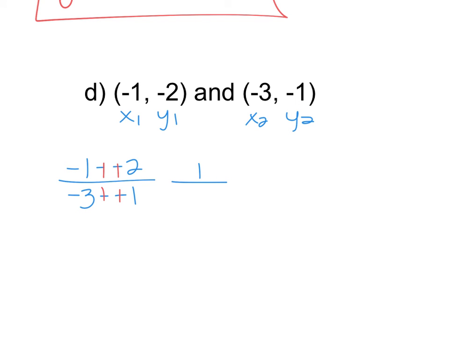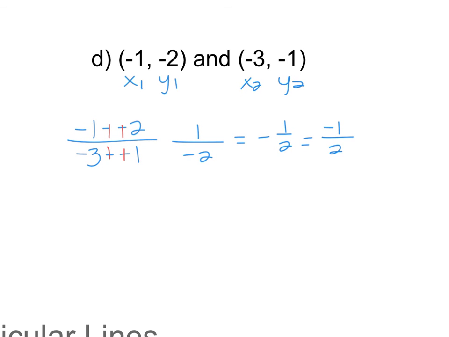Negative 3 plus 1 gives me negative 2. So my slope is negative 1/2. For fun, I'm going to write this a few different ways. You could leave the negative in the denominator, bring it out front, or write it in the top. All three of those are the same exact thing, so just know that.